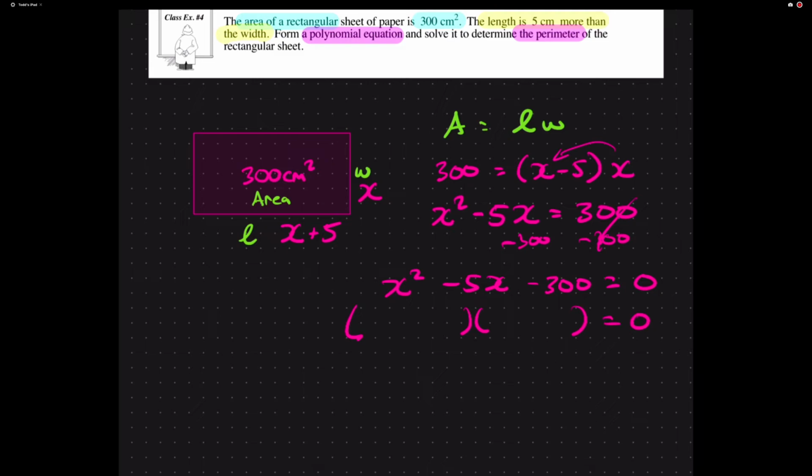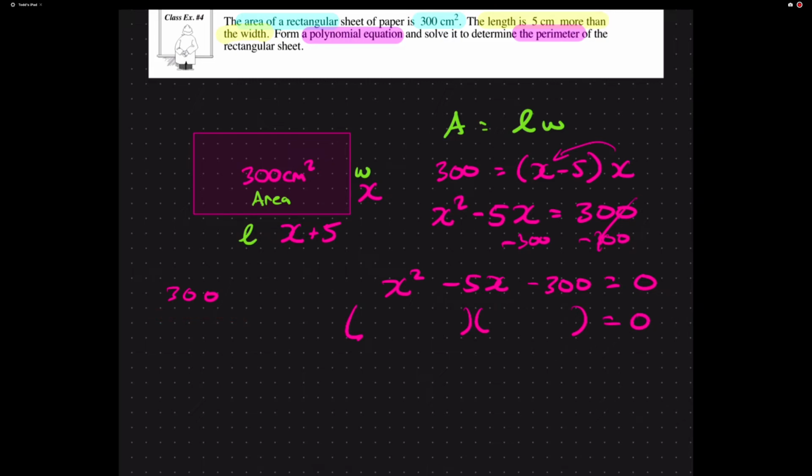So what I need to do is find the factors of 300 that are going to subtract to equal 5. Okay, so what do I have? With a larger number, you might have to pull out a calculator.